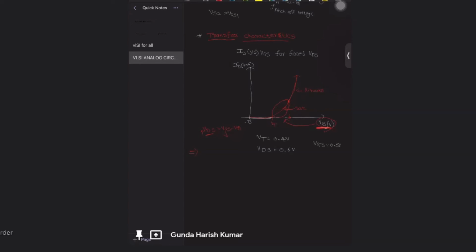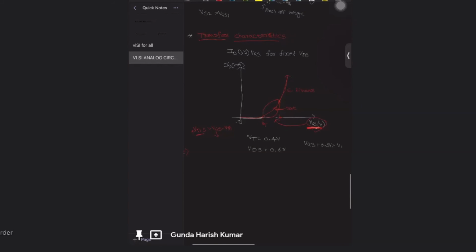Now if my VGS is 0.5, that is greater than VT. So it is not in cutoff; it may be in triode or saturation region, anything is possible. So now I apply the formula.